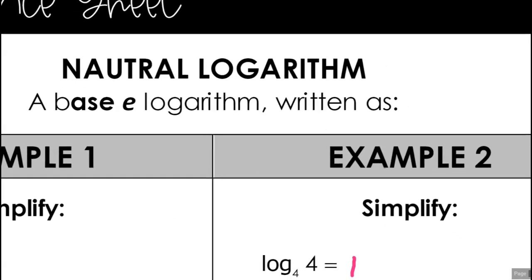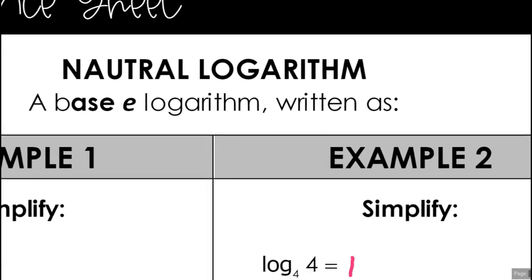There is something called a natural logarithm, which is a log with a base e. E being, if you didn't know, Euler's number. Euler's number is just a number that is irrational. I think it's 2.718.